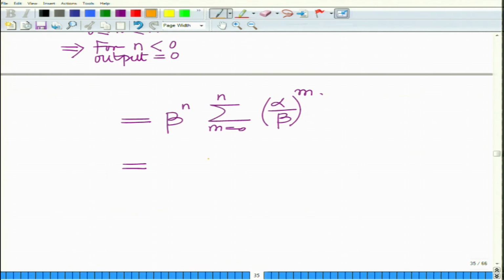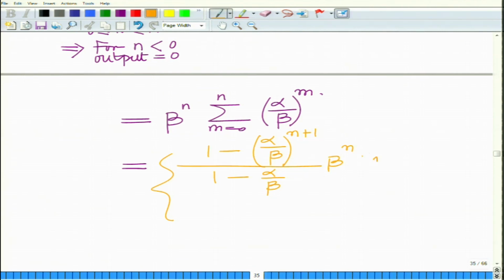Again here we have two cases. It is equal to 1 minus alpha over beta to the power n plus 1, over 1 minus alpha over beta, times beta to the n, if alpha is not equal to beta.